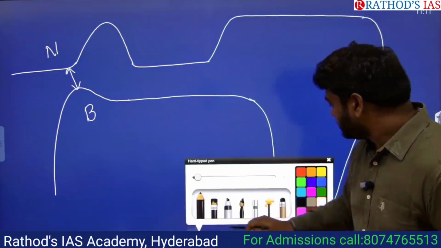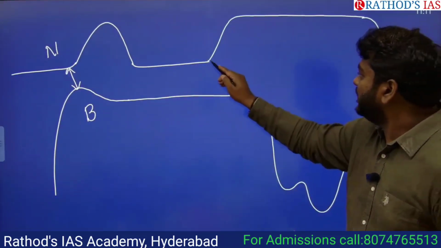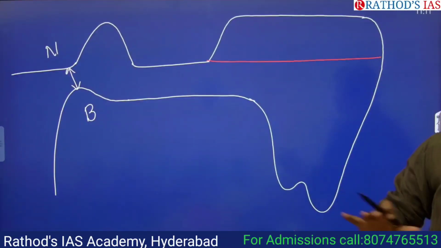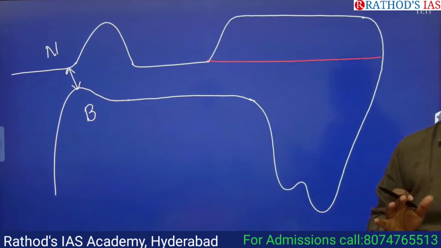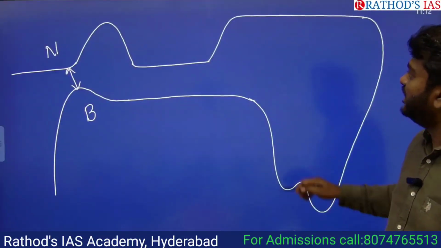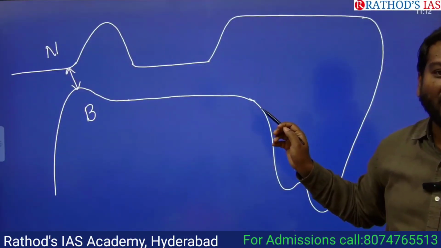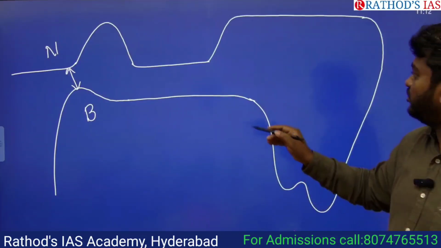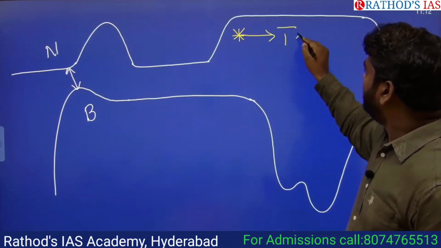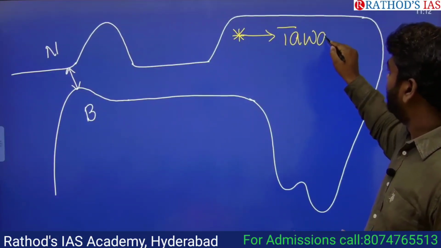China initially said, this entire part belongs to me. This entire region belongs to me. Later, China is telling India, don't give me everything. I want only one place. Which is that place? They say there is a place by the name Tawang.